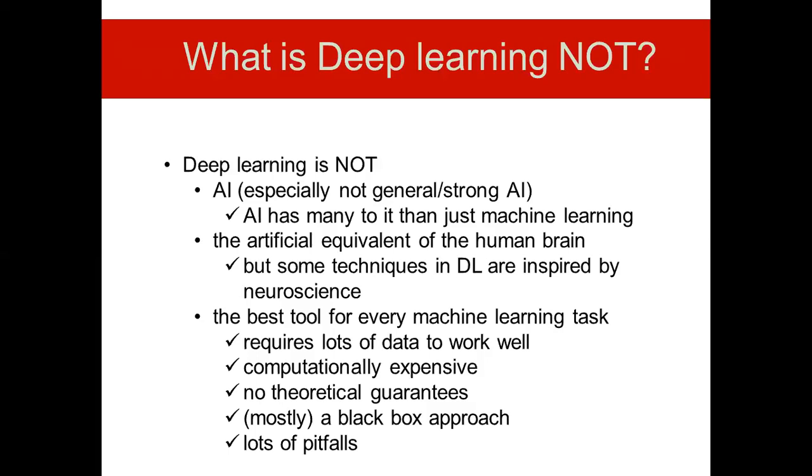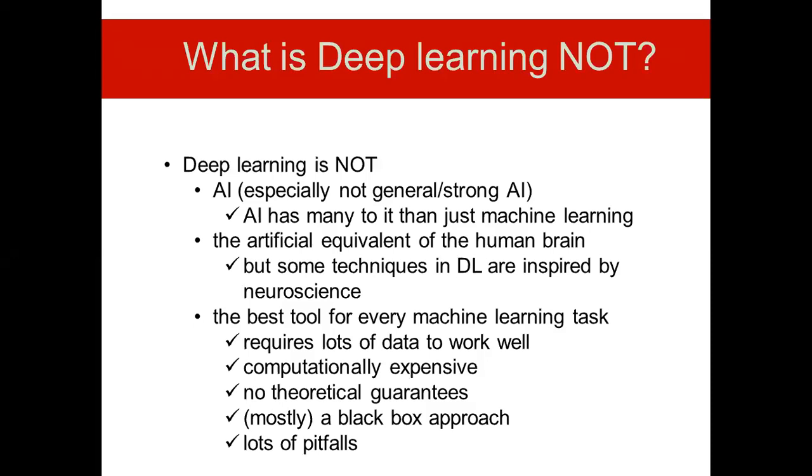If in your domain or application you don't have a lot of data, deep learning very likely will fail. It's also very computationally expensive. Nowadays, we rely on GPUs to train a good deep learning model. Compared to traditional machine learning models, it's more computationally expensive, and there are no theoretical guarantees.